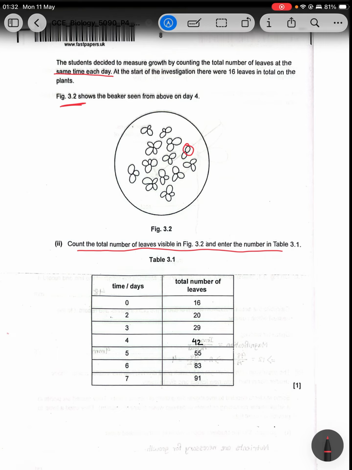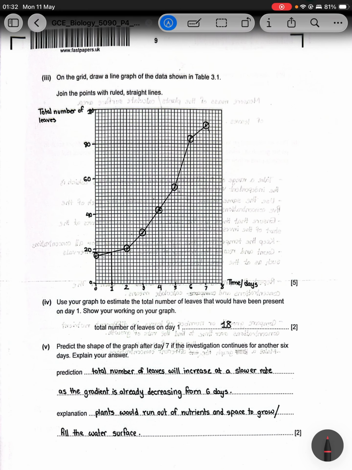So you count each of these things. So the whole of this is not one leaf. You need to count each subsection, and the total is 42. And in here, draw a line graph of the data shown in table 3.1. Join the points with ruled straight lines.